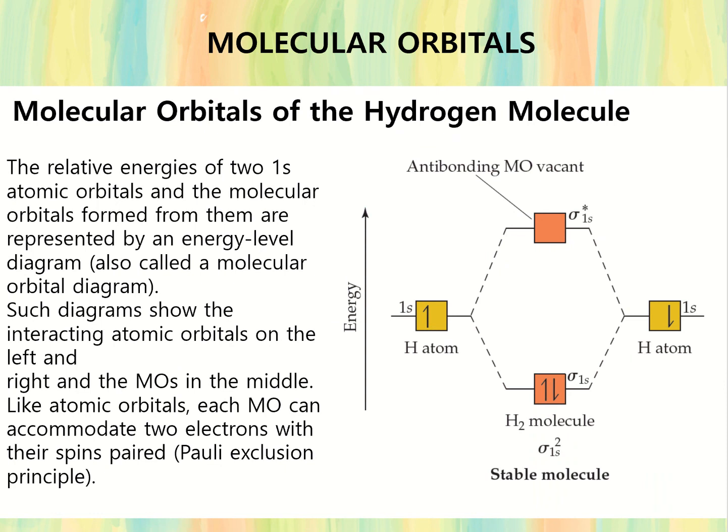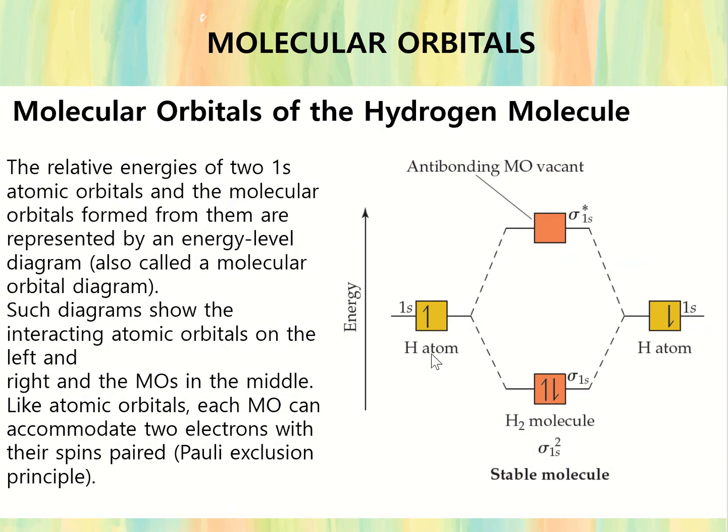So the relative energies of the two 1s atomic orbitals and the molecular orbitals formed from them are represented by an energy level diagram, also called the molecular orbital diagram, seen here to the right. Such diagrams show the interacting atomic orbitals on the left and right, and the molecular orbitals in the middle.